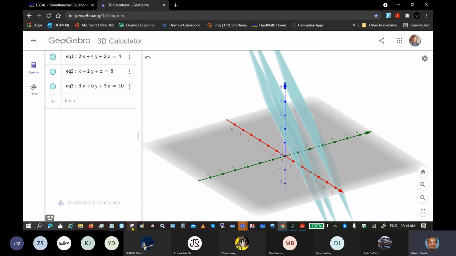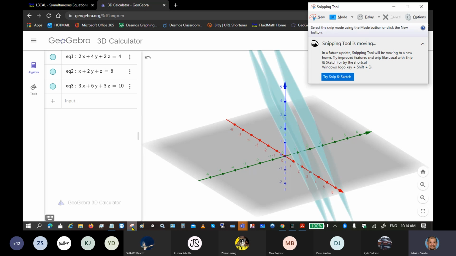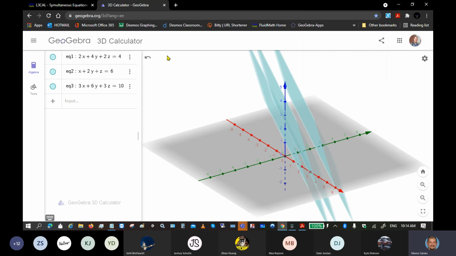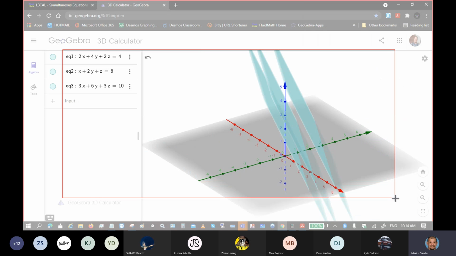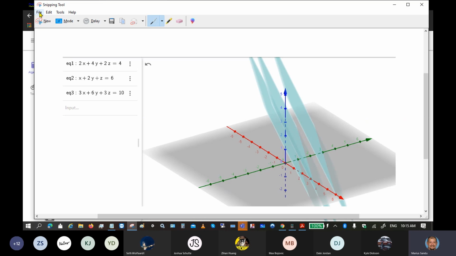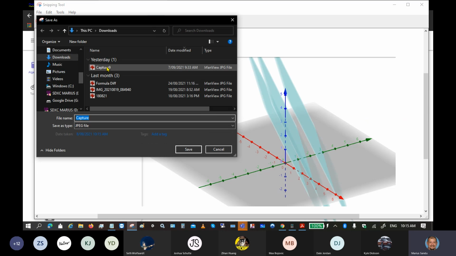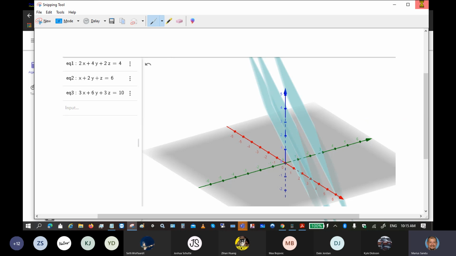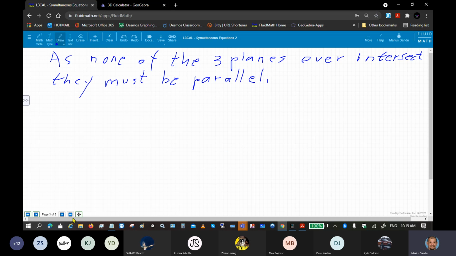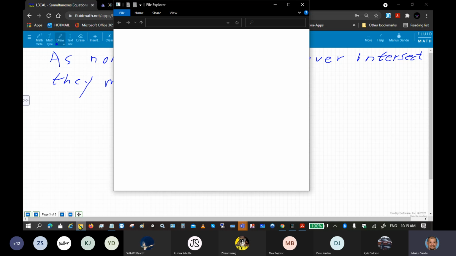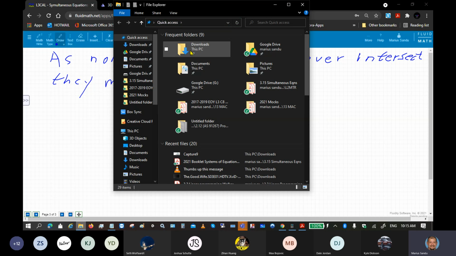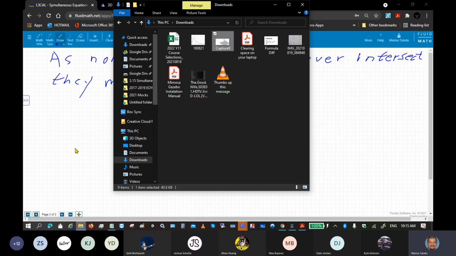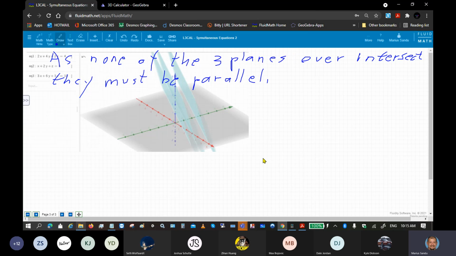Cool. So I can even take that and insert it into my graph.